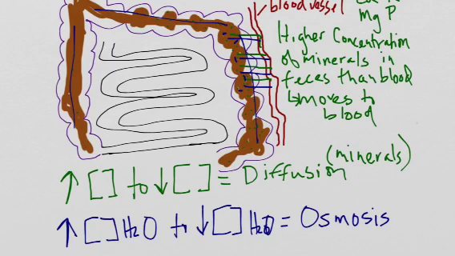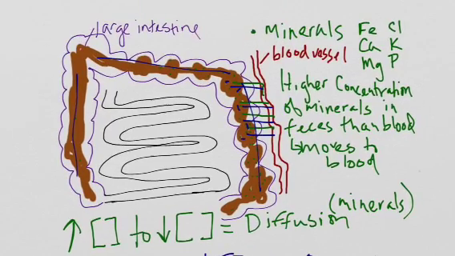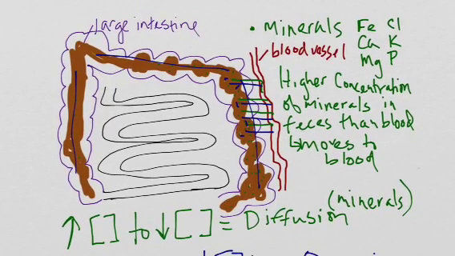The reason that water is kind of always kept till the bitter end is that we need water in the actual feces to help move it along. Otherwise, it solidifies. Okay, and moving it from one place to another is very hard on the smooth muscle that surrounds the large intestine. So we keep the water in it.